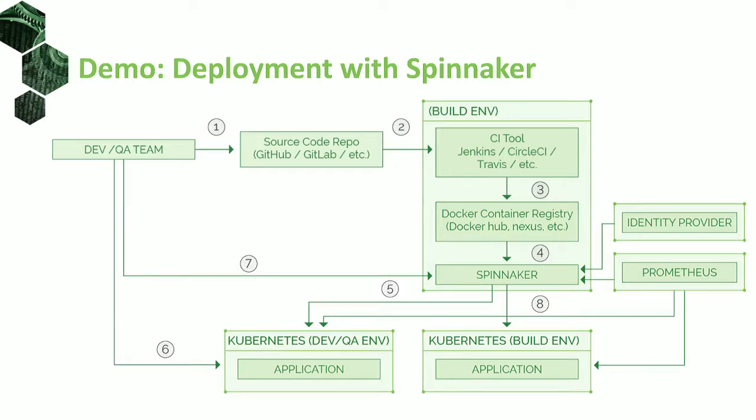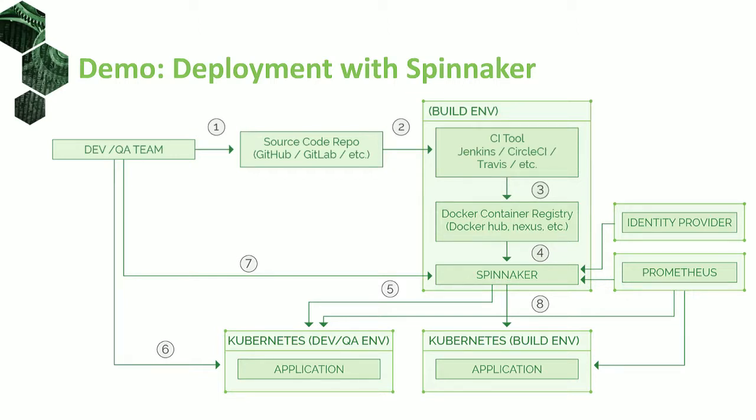As a result of a build, you have a binary artifact. If you deploy to Kubernetes, it will be a Docker container, and those images are published to a Docker container registry. It can be Docker Hub, Sonatype Nexus, Artifactory, or wherever you have.